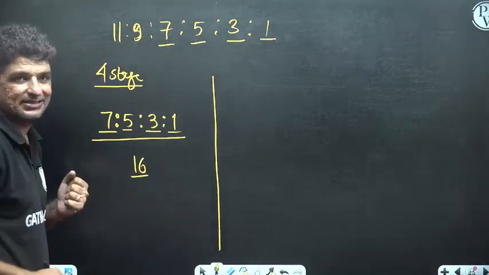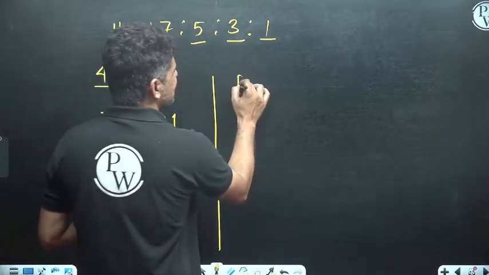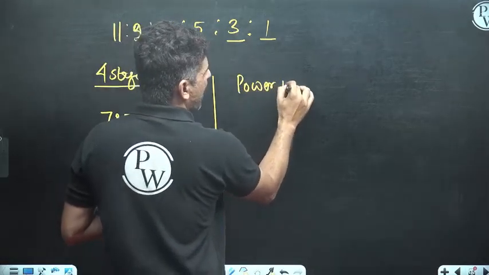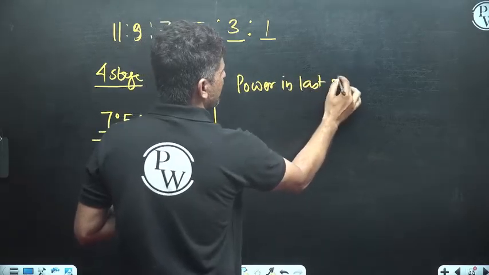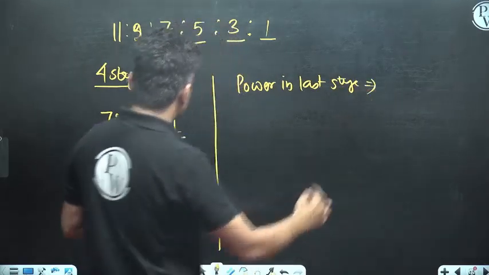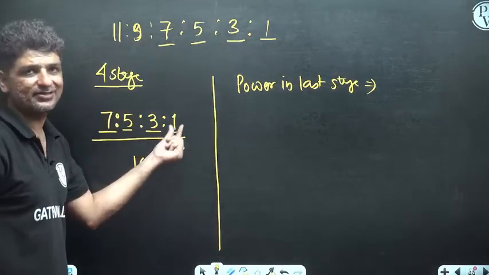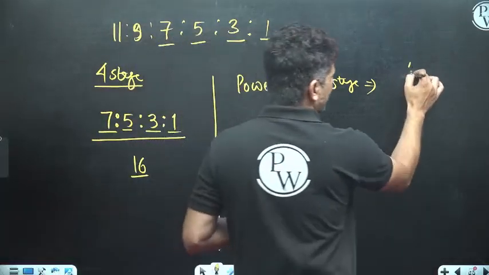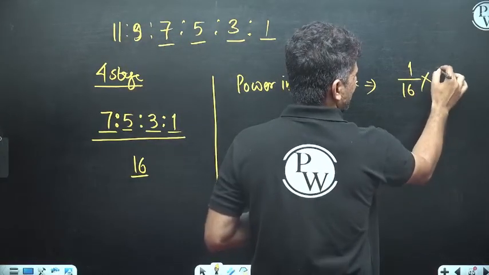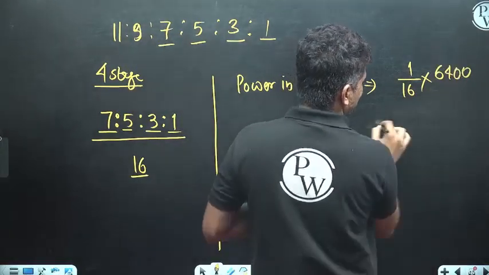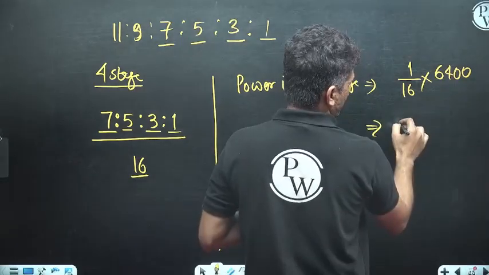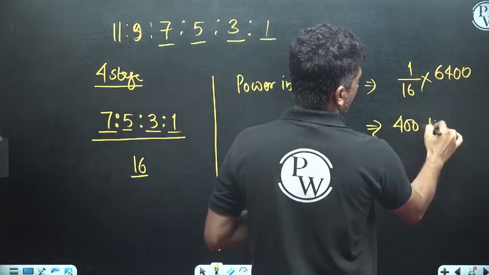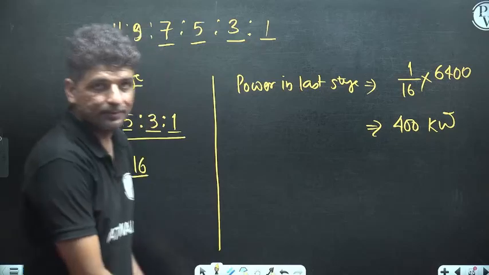So you have 16. Out of 16 joule, only 1 joule is extracted in the last stage. So it will be 1 divided by 16 multiplied by the total power extracted, 6400. This will come out to be 400 kilowatt.